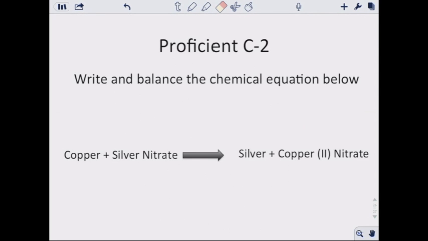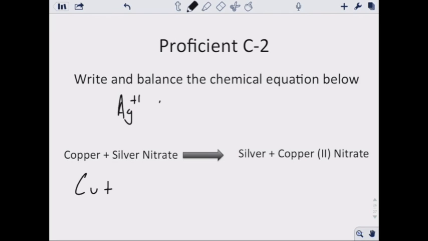Let's look at our next one. It says write and balance the chemical equation below. This one's a little bit harder because we actually have to write the chemical equation here. So when we're looking at this, we have copper, which is just Cu, plus silver nitrate. Silver is Ag, which always has a +1 oxidation number.